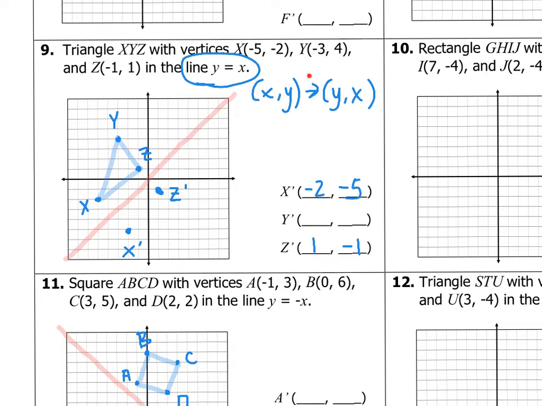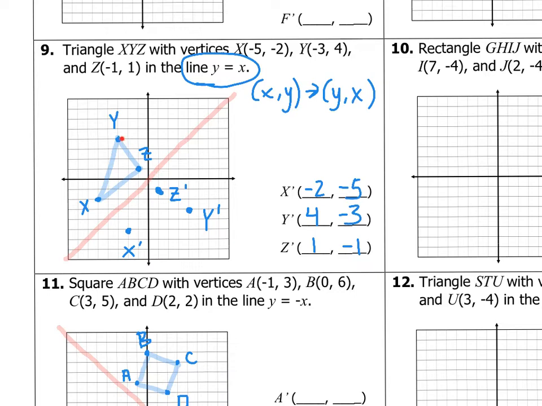So using that logic, if this was negative 3, 4 for your y, then that means the y prime is going to become 4, negative 3. So if you were to plot that, again, you go over 4, 1, 2, 3, 4, down 3, 1, 2, 3. There it is, there's your y prime, and it does look like it would be a reflection then. It'd be the same equidistant away from that point.